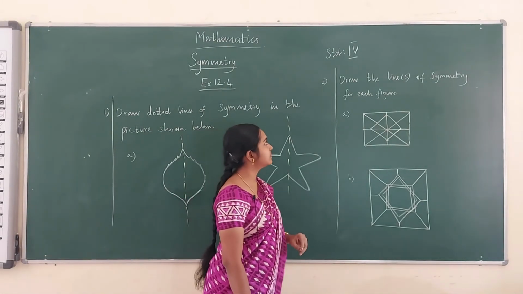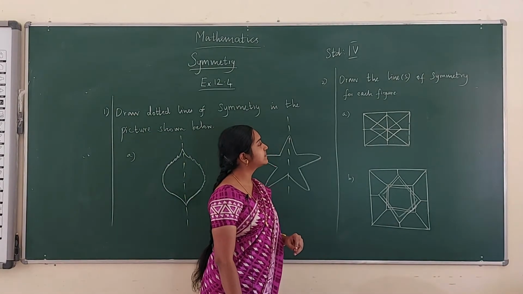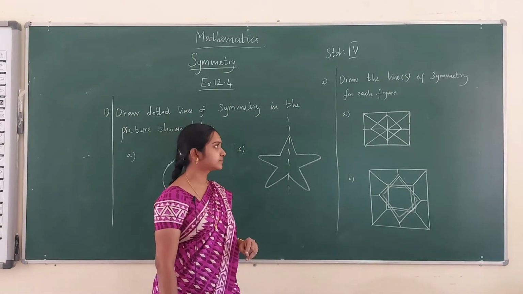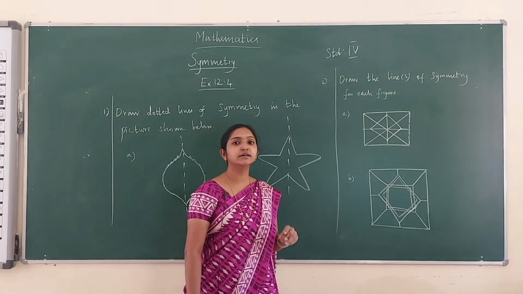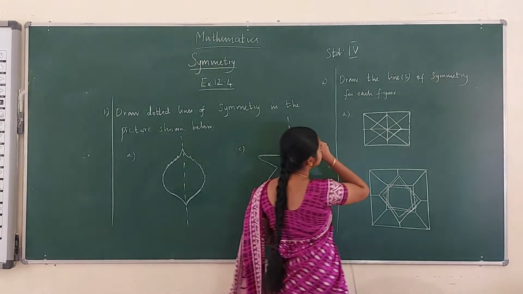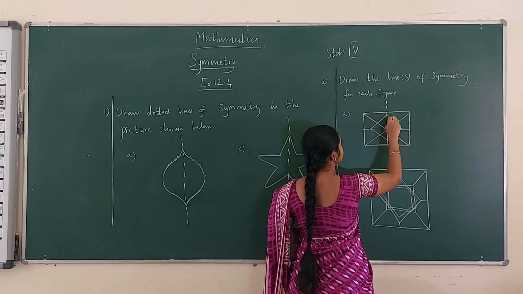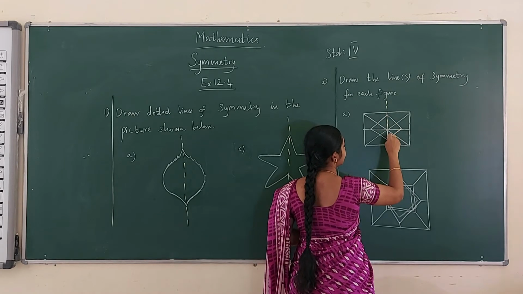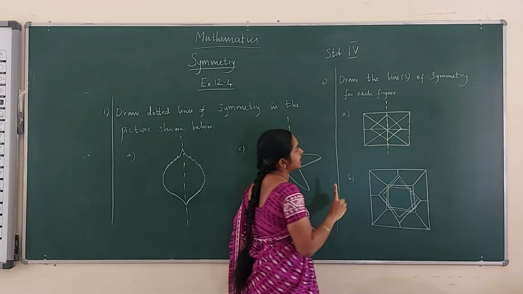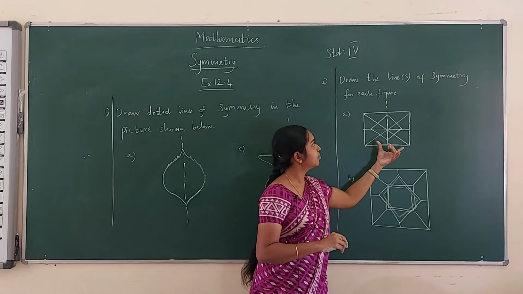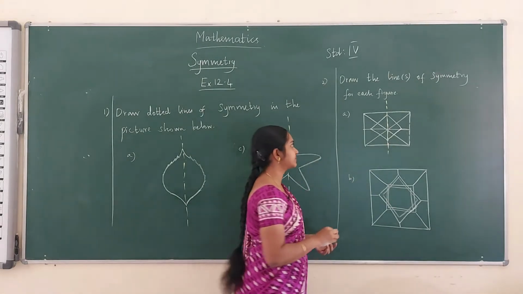The second problem is draw the lines of symmetry for each figure. To draw the lines, we have to use dotted lines. Here we are having one line of symmetry. If we divide, both the sides are looking the same.